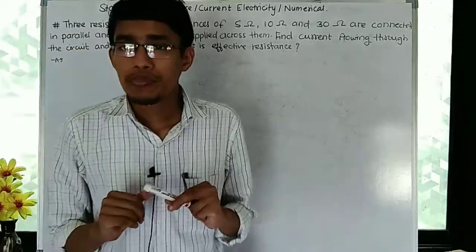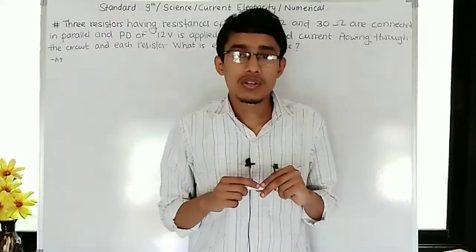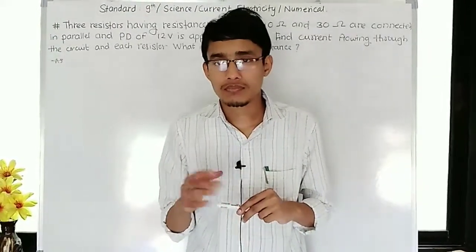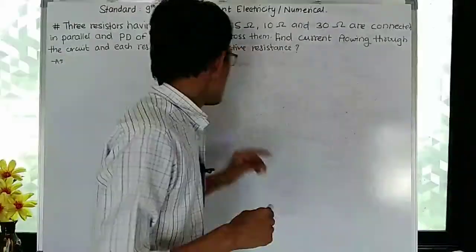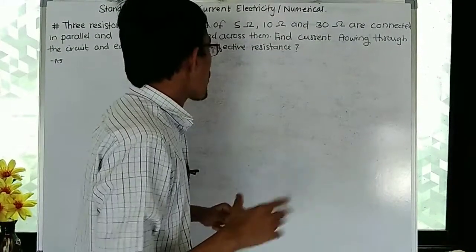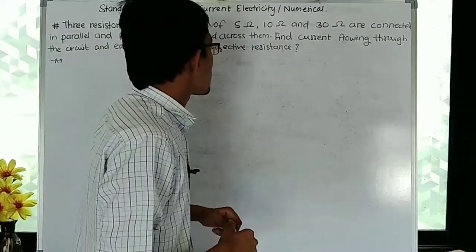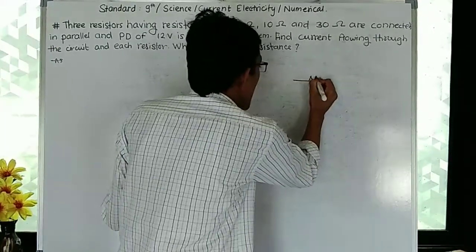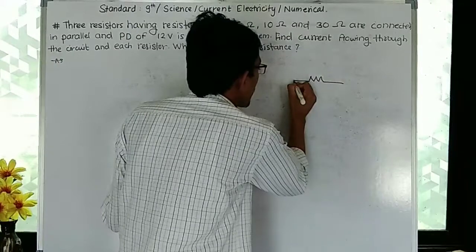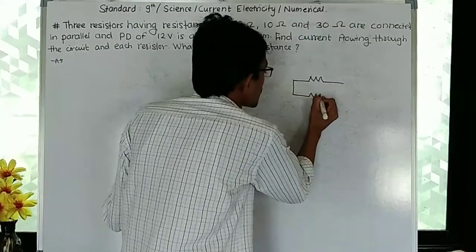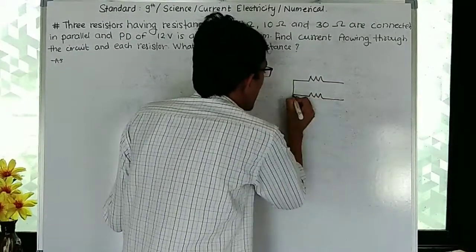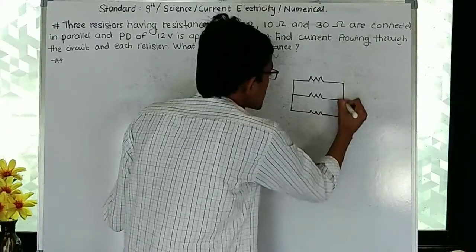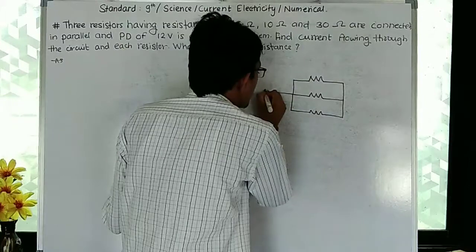So here the connection between the resistors is in parallel connection, and the potential difference across the resistors is given as 12 volt. So there are three resistors, R1, R2 and R3, and the connection is parallel connection.